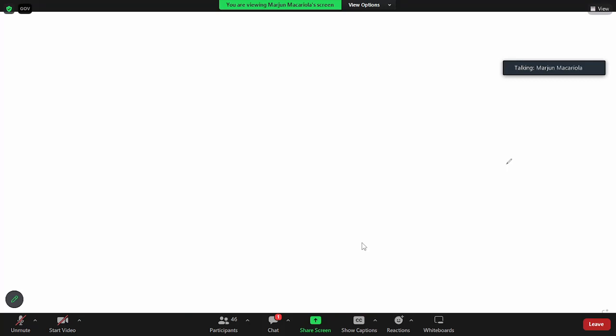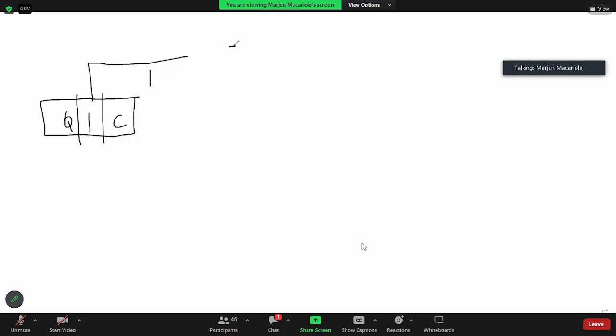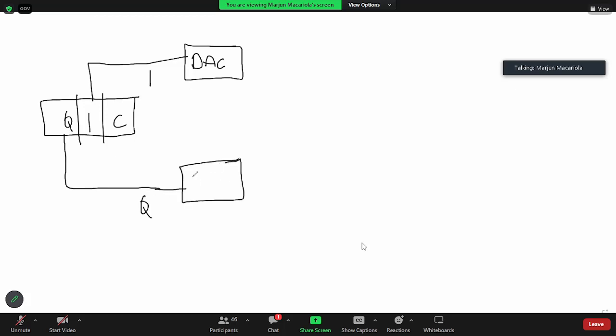Okay. So we have three channels, which is the Q, I, and C. So here is the I channel. And the input sa I channel, dadaan yan sa digital to analog converter. As well as the Q channel, dadaan din siya sa digital to analog converter.